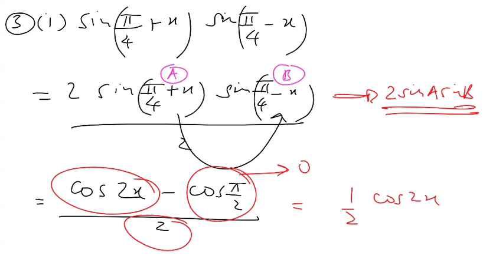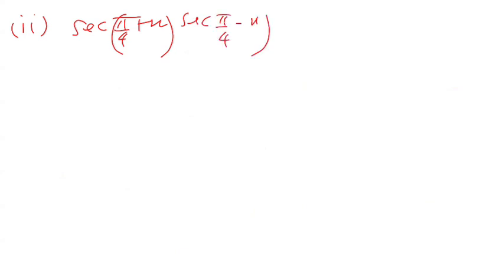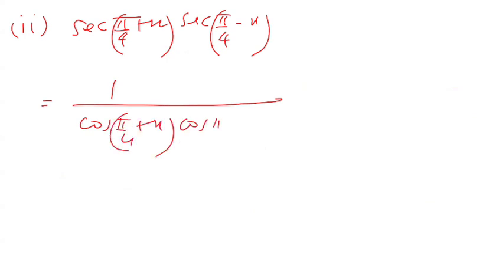Second sub question. Sec pi by 4 plus x into sec pi by 4 minus x. So 1 upon cos pi by 4 plus x into cos pi by 4 minus x.